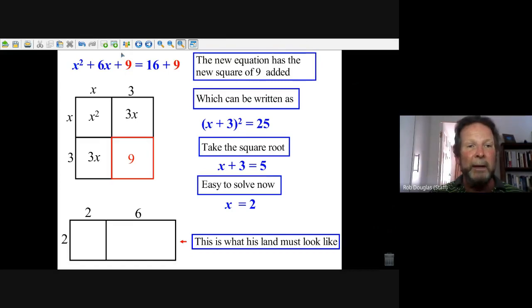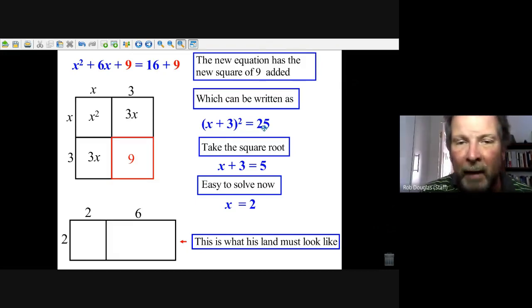And we're going to put it in our equation. And whatever we do to one side, we do the same to the other. So we add 9 to the 16. But hey, we know that x plus 3 times x plus 3 really equals x squared plus 6x plus 9. So that means x plus 3 squared must equal 16 plus 9, it must equal 25.